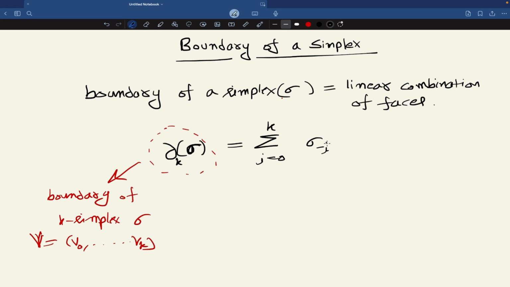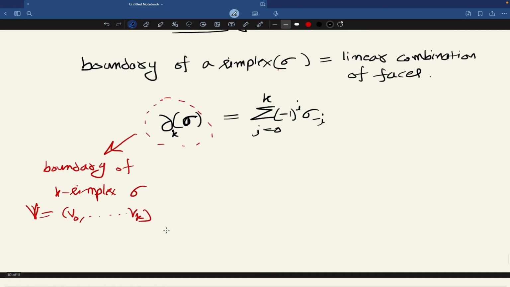So 0th face, first face, second face, third face, fourth face, fifth face, whatever faces you have, we compute the linear combination with alternate sign. Okay, so we start with plus sign. So the 0th face will get a positive sign, then the first face will get a negative sign, then the second face will get a positive sign, and so on. So we can also write it like this.